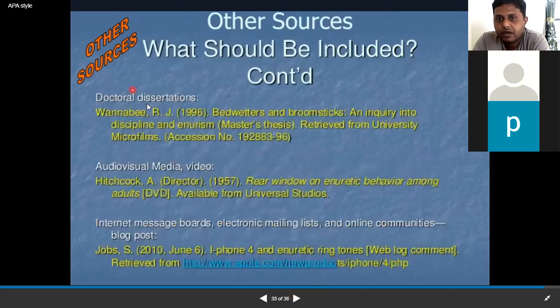If I am quoting from some PhD thesis, in that regard you can mention retrieved from University Microfilms, and the accession number related to that PhD thesis. In the case of media, that is video, available on Universal Studios, an internet message broadcast like that. I got this from a website, a weblog.